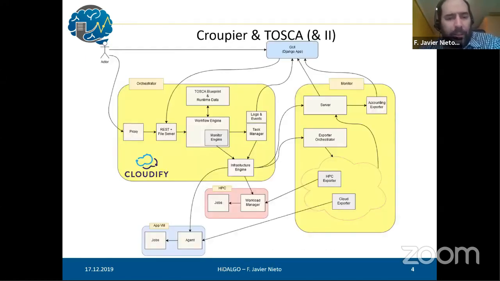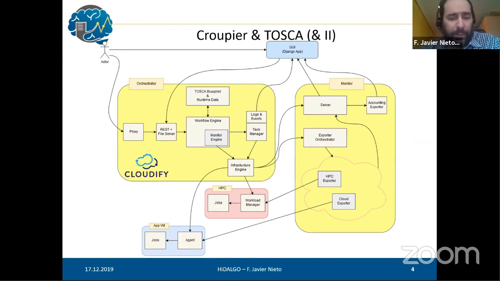So about the architecture of the orchestrator itself, basically you have on one side some interfaces that can be used for accessing the functionality, through command line interfaces or through REST APIs. There is a part which deals with the TOSCA files and the input files.